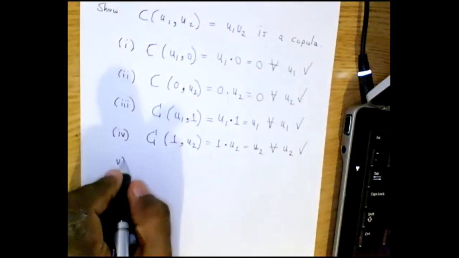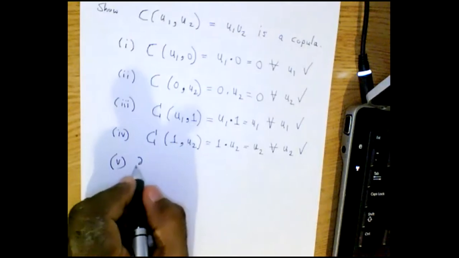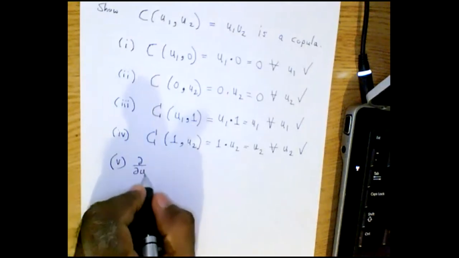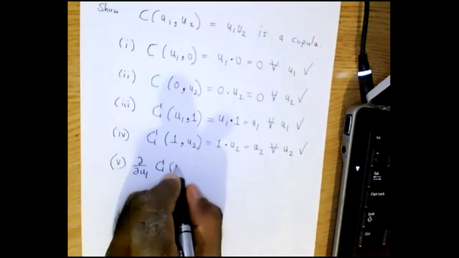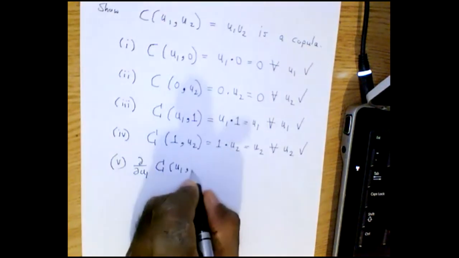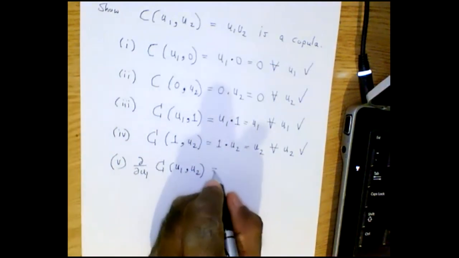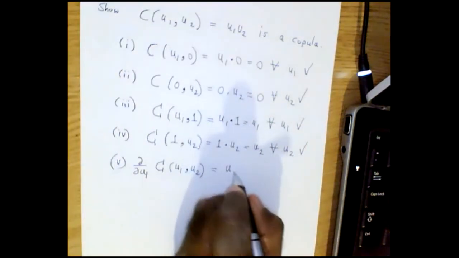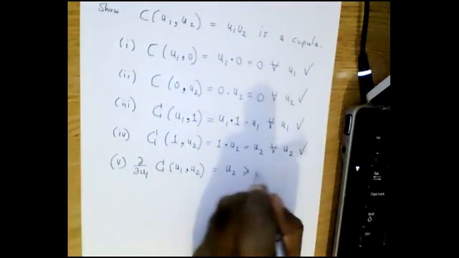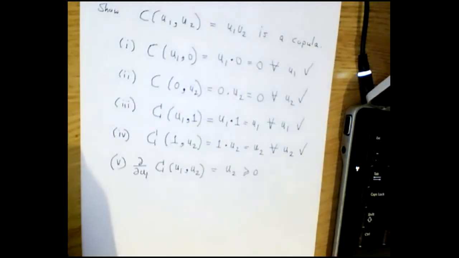And the fifth condition you need to show is the partial derivative with respect to U1 of this, right? So you should take the partial derivative of this with respect to U1, you will get u2, which is clearly greater than or equal to 0, right?